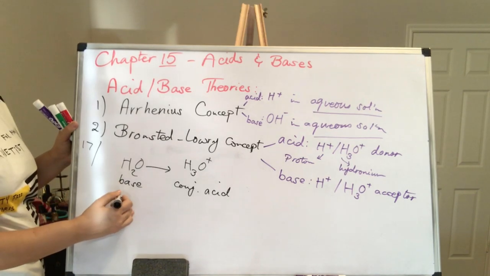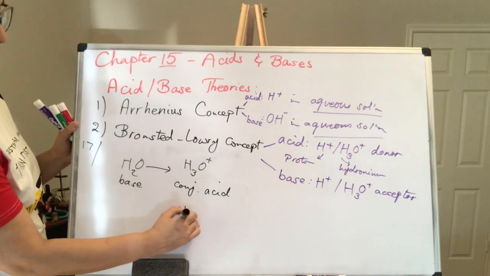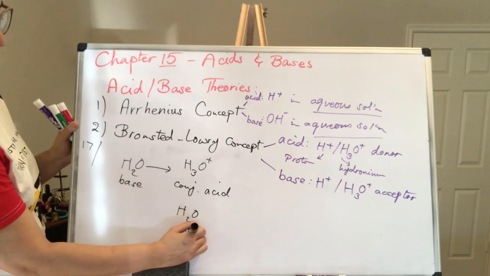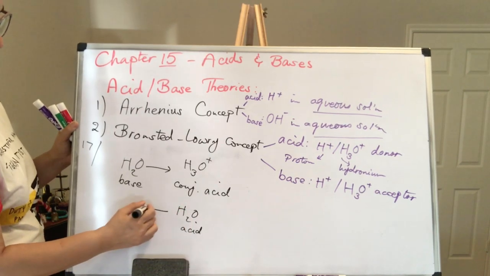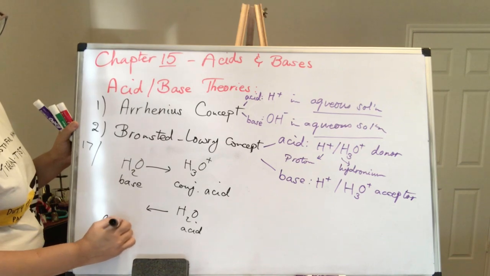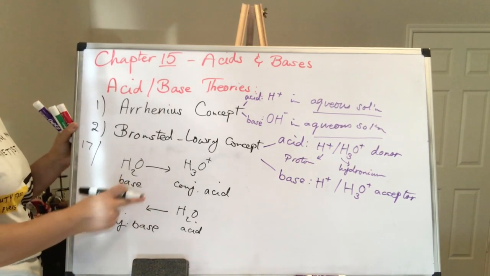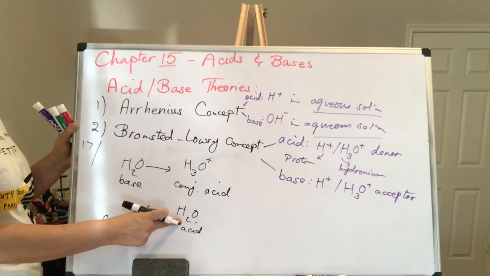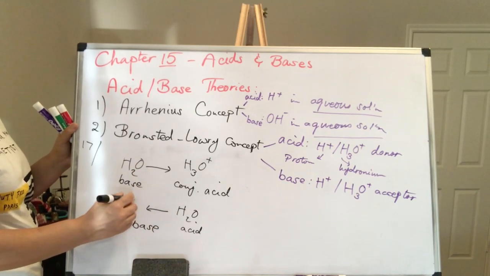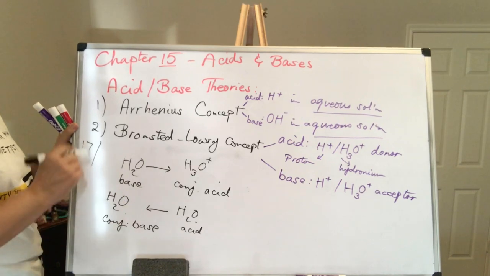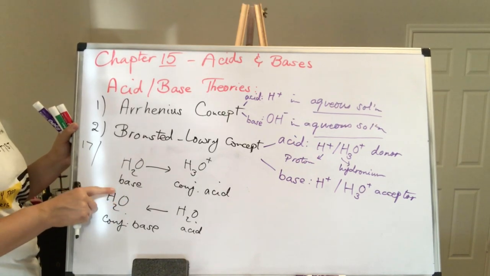We have, what is the conjugate base of H2O? If this is our acid, what is its conjugate base? Conjugate base has 1 less hydrogen ion. So H2O minus a hydrogen ion.